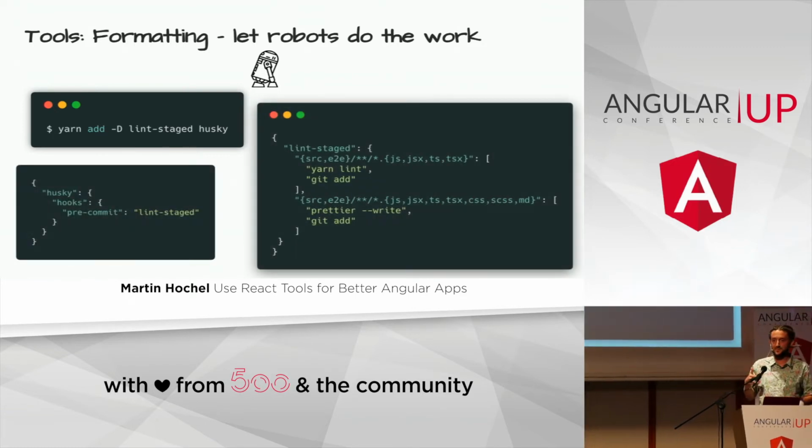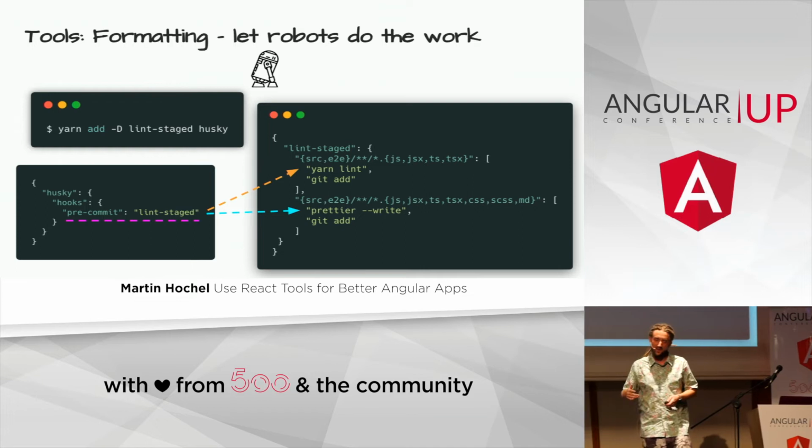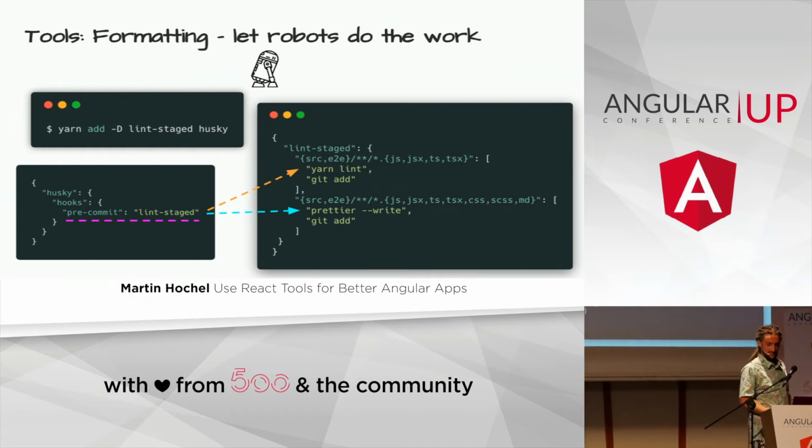It hooks into native Git hooks, and you can define all well-known Git hooks in your package.json. In our case, you run pre-commit, and on pre-commit execute the lint-staged binary, which finds this config and applies the linter and Prettier on your source code. Everything is applied to the one commit, so there is no additional commit, and you don't ever have to argue with your colleague during code review, like, hey man, semicolon is the best. No.